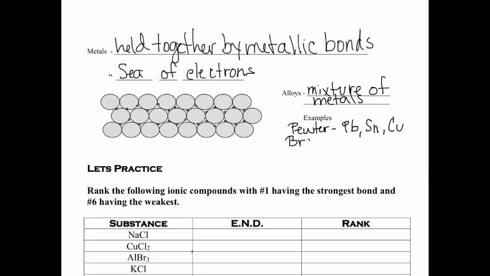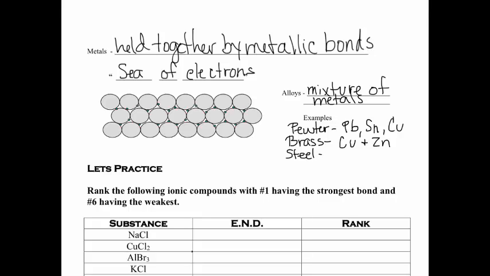Brass, which you made in lab when you did the alchemy lab, is a mixture of copper and zinc. If you recall, you plated the zinc on the outside of the penny, and then when you melted the penny a little bit, the copper and the zinc blended together homogeneously, forming brass. Another example is steel.